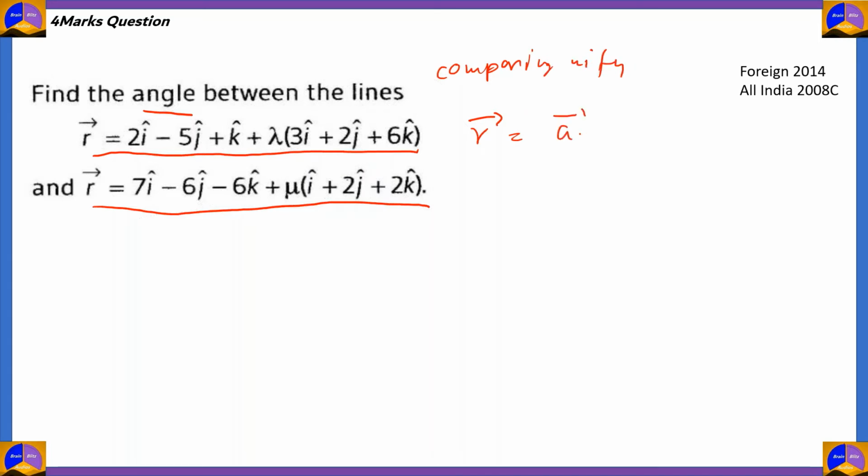r = a1 + lambda b1, and r = a2 + lambda b2.